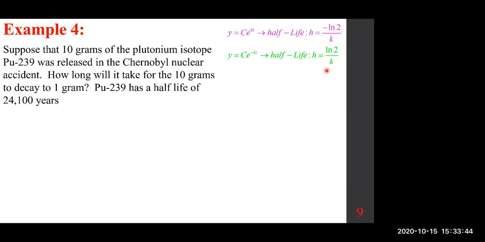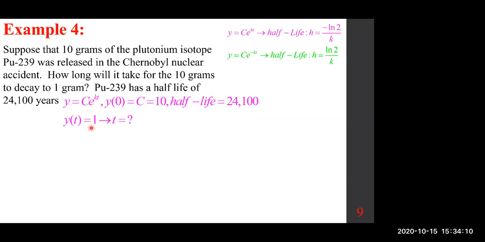And here's the given, everybody. So we use one of those formulas, the top one. Originally, we have 10 grams, that's the original amount, the initial amount, C, y sub 0 or C. And the half-life is given to be 24,100 years. So how long does it take to go down to 1 gram?